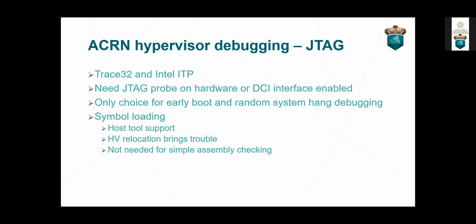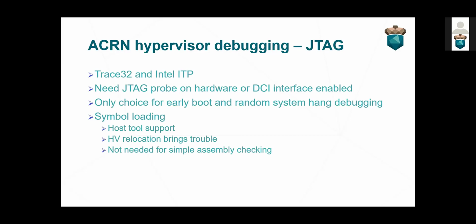The special requirement if you want to use JTAG is that you may need the JTAG port on the hardware board, which is not very common for production. Another choice is the DCI interface.